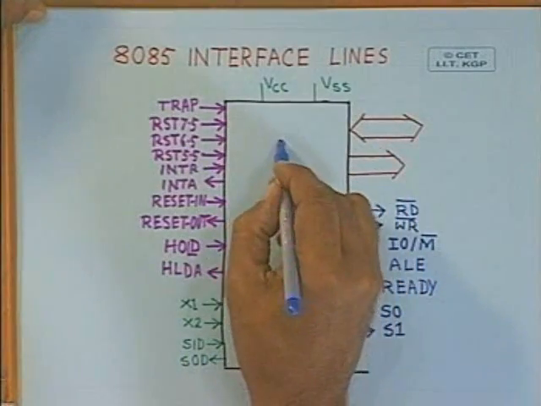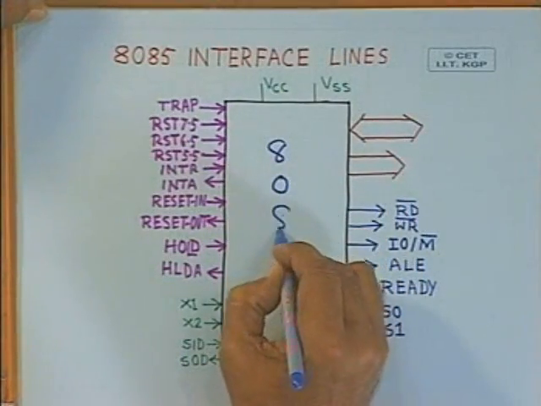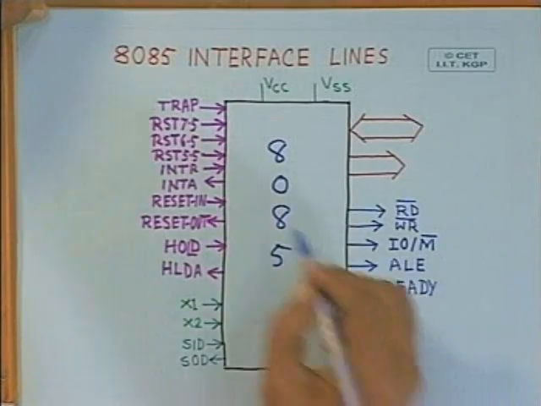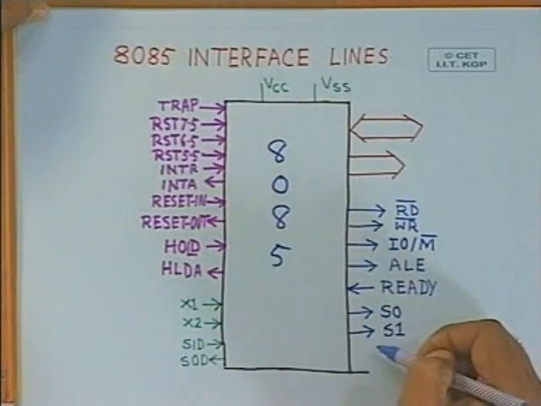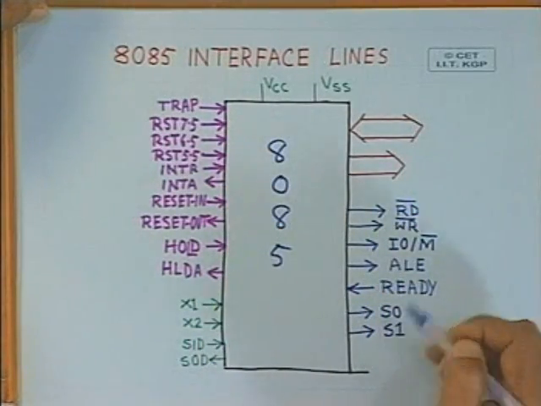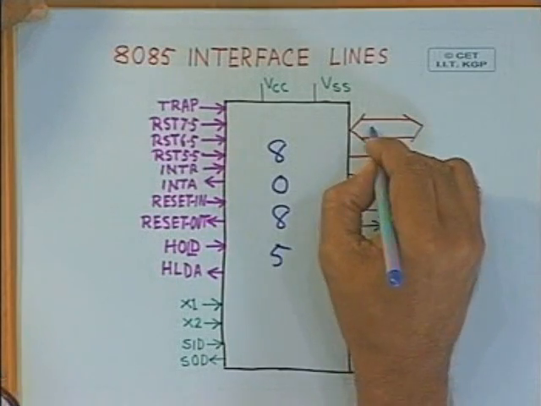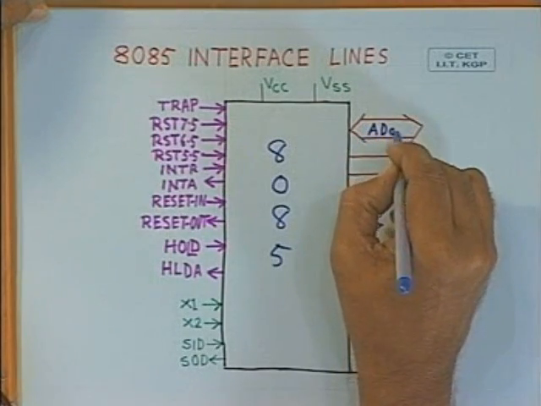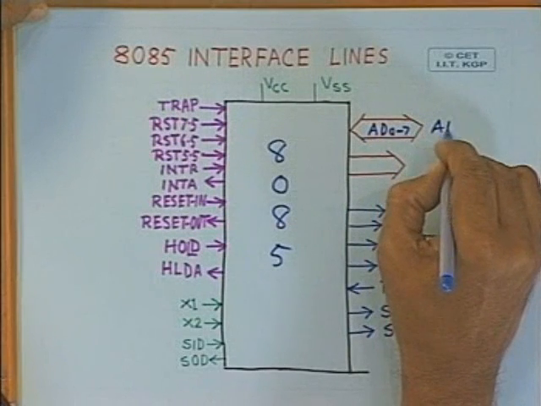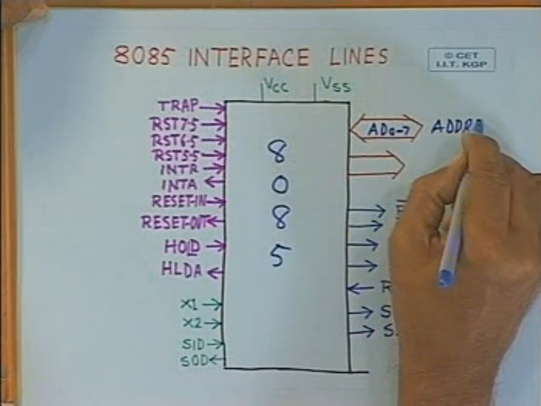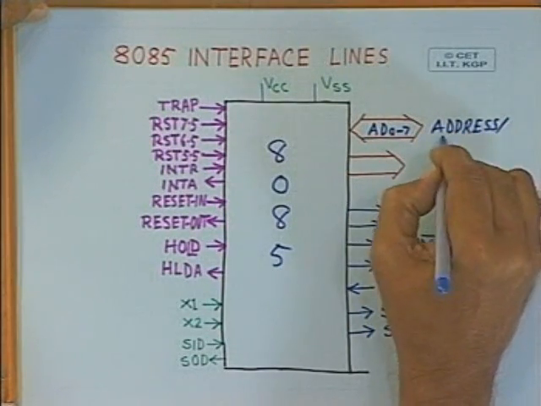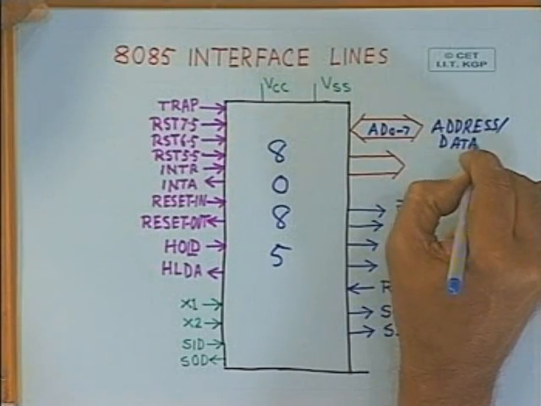This is the 8085 microprocessor. As I told, it is provided with 40 pins, and on these 40 pins you have got AD0 to 7. This is your address, data lines.